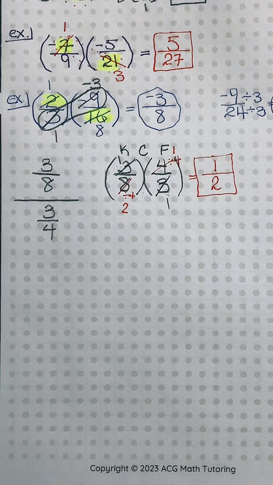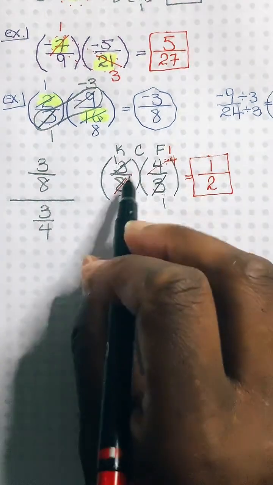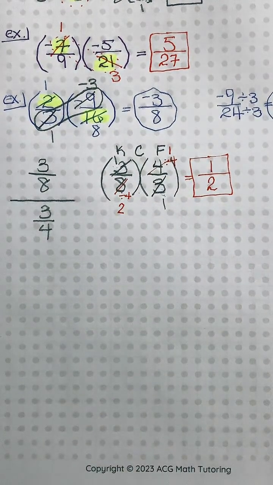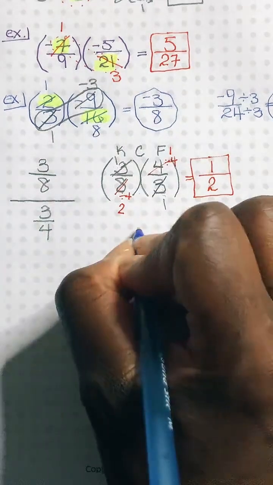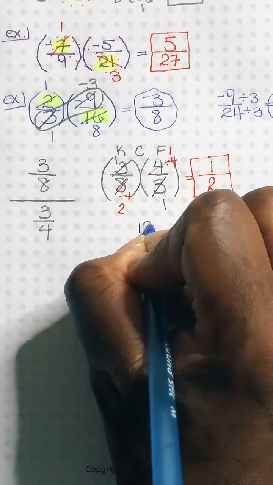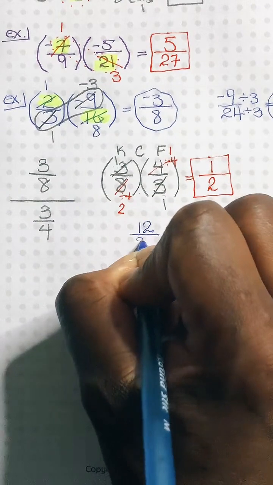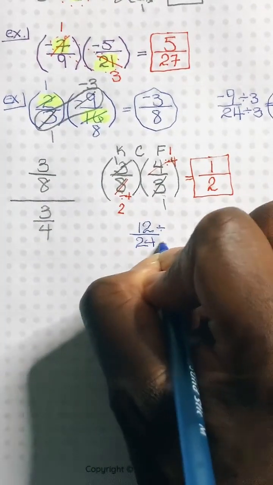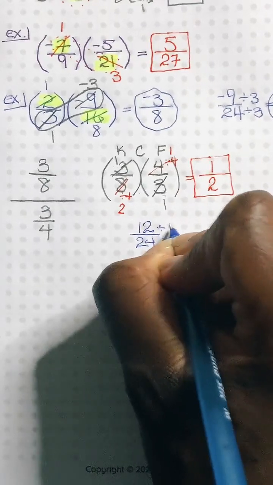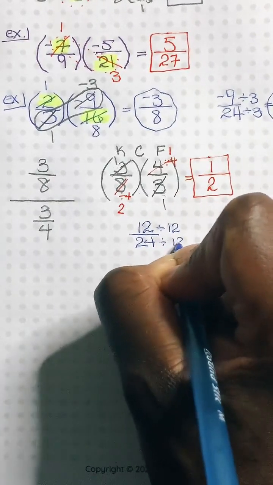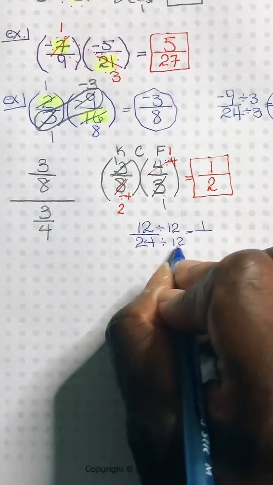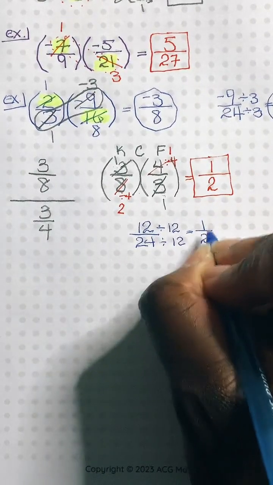I'm seeing some 4s and I'm seeing some 12s. If you wanted to multiply straight across, you can do that, guys. If you want to multiply straight across, it would have given you 12/24ths. Then you can divide it by 12. 12 divided by 12 gives you 1. 24 divided by 12 gives you 2.